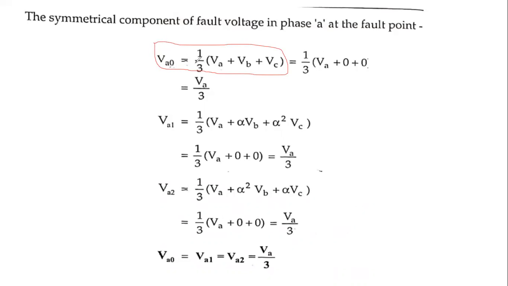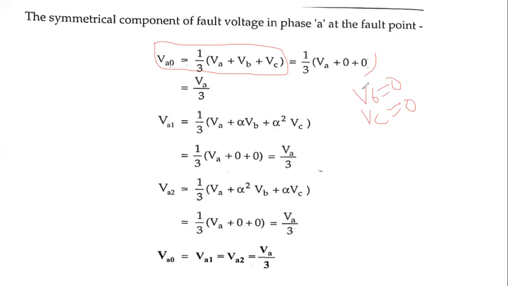What is the VB value? VB is equal to 0. And what is the VC value? VC is also equal to 0.